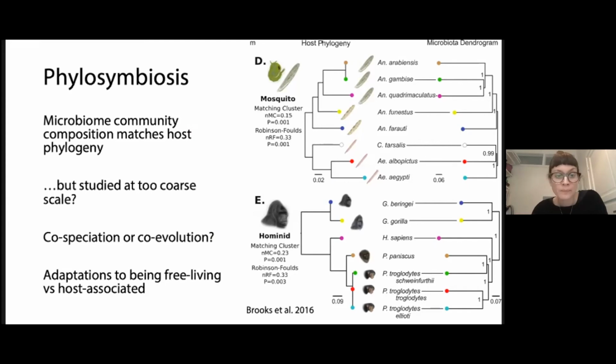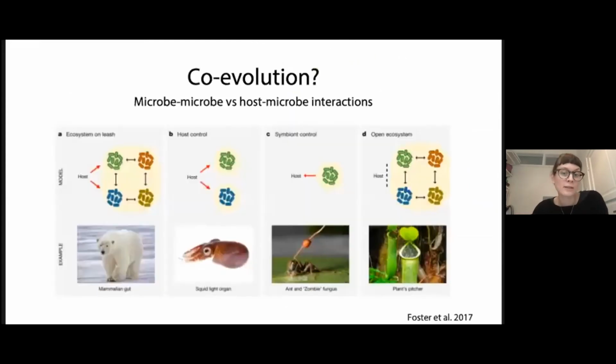I really like this review opinion paper on the microbiome on a leash, where we can think of different levels of potential for host control. When we see microbial traits that are beneficial to the host, we tend to assume this is the result of co-evolution. But what is actually the potential for co-evolution, and how much can the host control its microbiome?